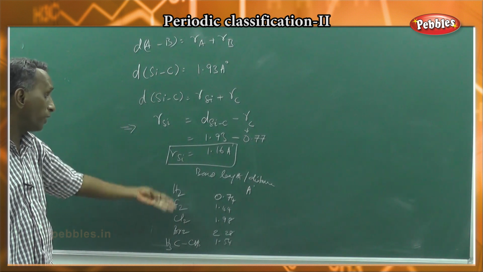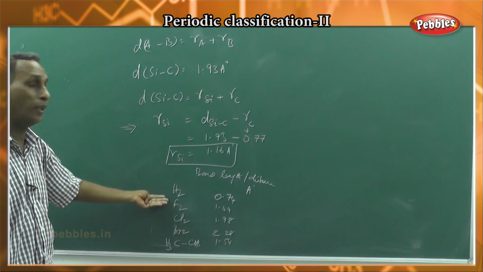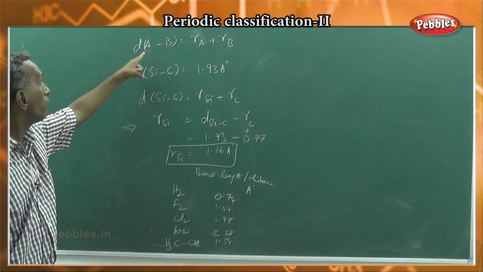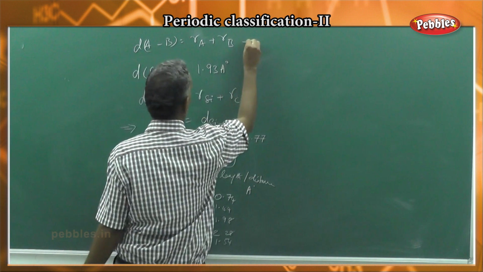These are the examples for heteronuclear systems. For homonuclear systems, the formula becomes easy.